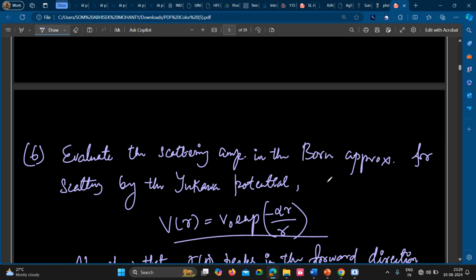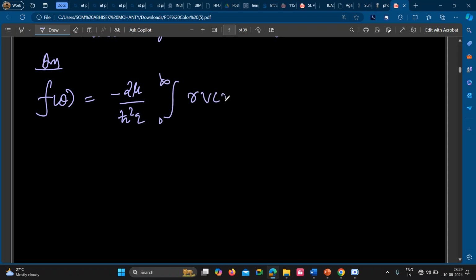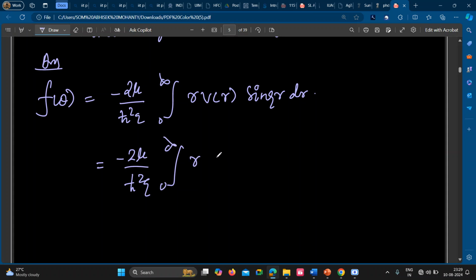The scattering amplitude f of theta is equal to minus 2 mu by h cut square q, integral 0 to infinity r V(r) sine qr dr. Let's put in place of V(r): minus 2 mu by h cut square, integral 0 to infinity r, V naught e to the minus alpha r by r, sine qr dr.